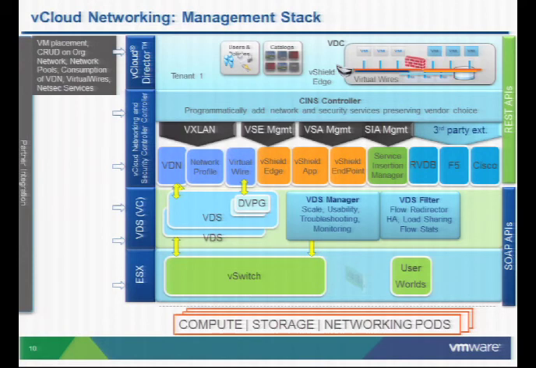Now, below some of the other pieces, we have the VXLAN, we have the vShield Edge management, we have the vShield App management for the firewalling, for the routing, for some of the load balancing and VPN capabilities. We also have the third-party extensions, and that ultimately is going to talk to either a third-party manager, whether it's an F5 manager or a Cisco manager, or it's going to talk directly to the devices themselves. So in our case, it'll talk directly to our data plane, and it'll go down and talk to the partner.